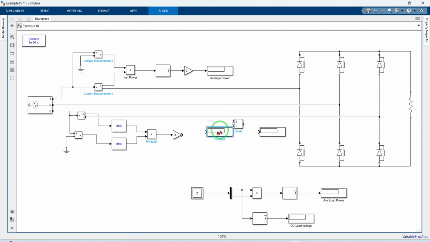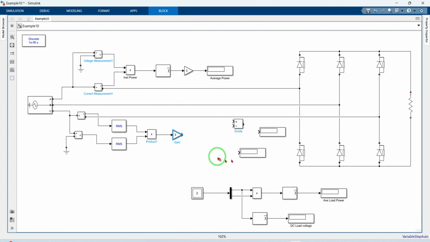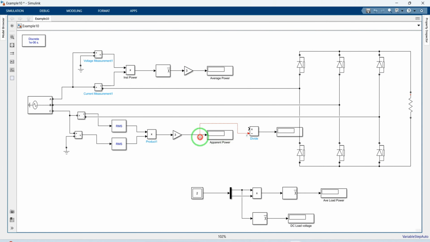Connect a gain block and set its value to 3. This gives the total apparent power of the source. Connect the display block and rename it. To find the power factor, divide the average power by the apparent power.